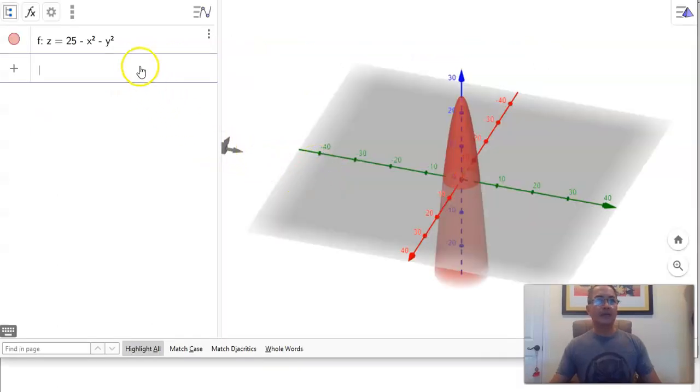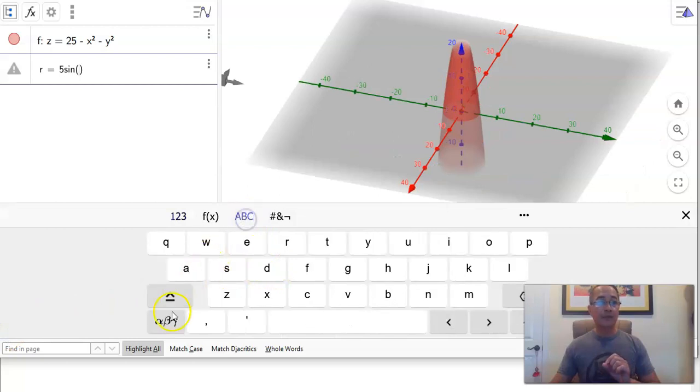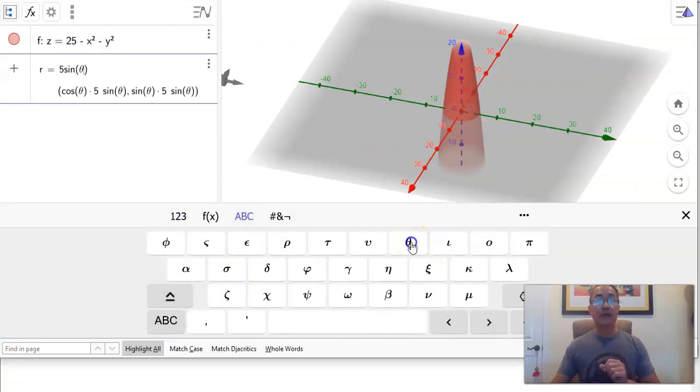All right, so I want to show you what happens if you try to input our polar curve here, r equals 5 sine theta. This time you really have to use the Greek letter theta.